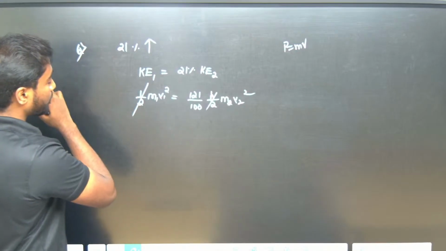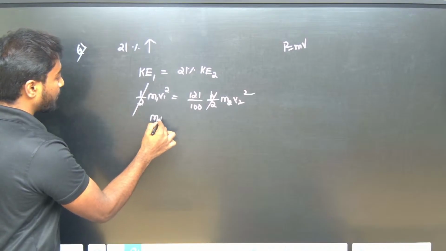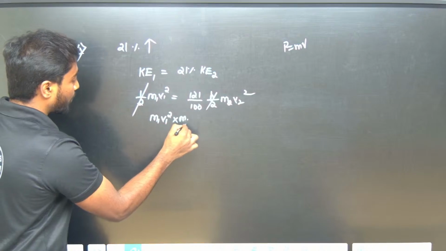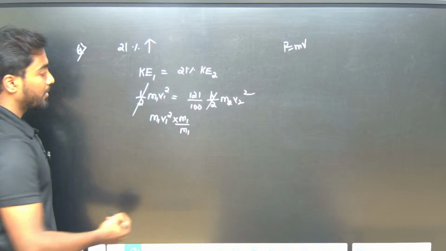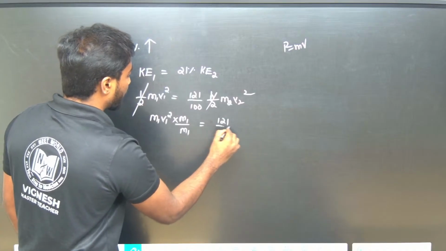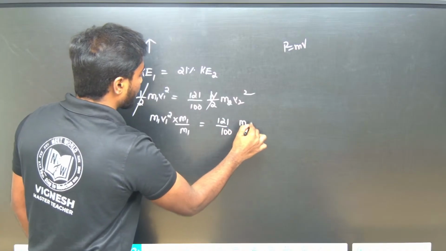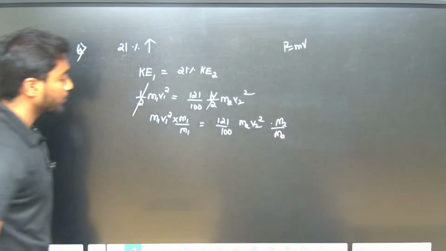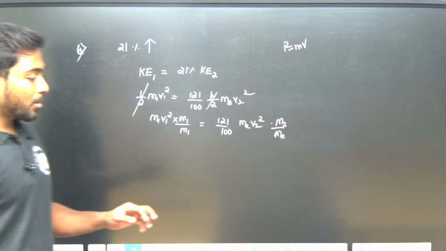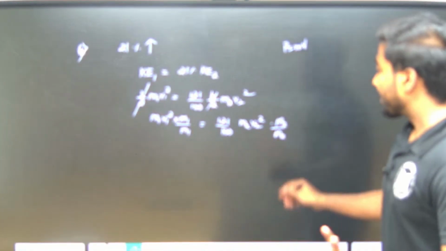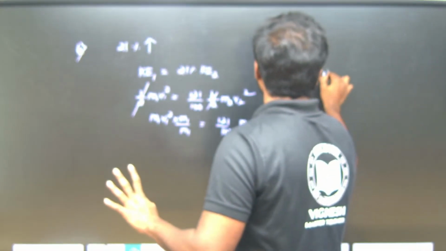So m1 v1 square into m1 by m1 will be equal to 121 by 100 m2 v2 square into m2 by m2. Obviously the mass is the same, so no need of calculating the mass. I can write m1 will be equal to m2.